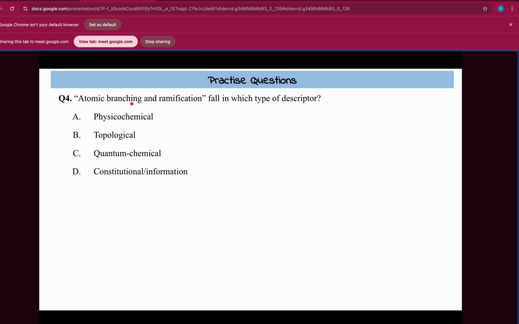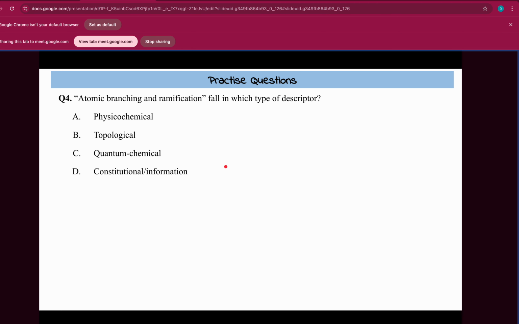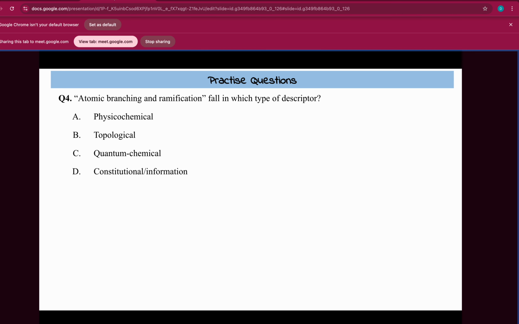Next question is, atomic branching and ramification fall in which type of descriptor? Option A physicochemical, option B topological, option C quantum chemical, and option D constitutional information. Okay, now let's see.